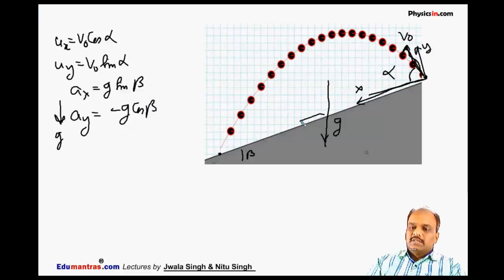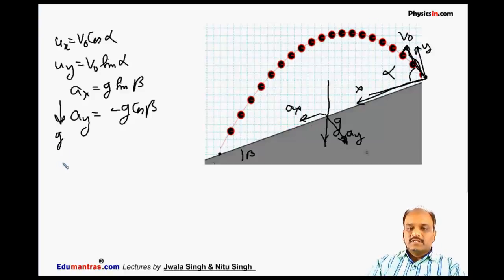Because ax is in this direction, whereas ay is opposite to that of the y-axis, ay is negative. I am assuming this direction as positive and this direction as positive. The x-axis in this direction is positive.